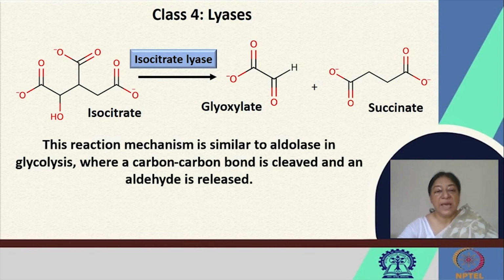This reaction mechanism is similar to aldolase in glycolysis, where also a carbon-carbon bond is cleaved and an aldehyde is released. Here is the release of the aldehyde, in this case in the form of the glyoxylate ion. And we have the succinate ion, both of which are derived from the isocitrate.